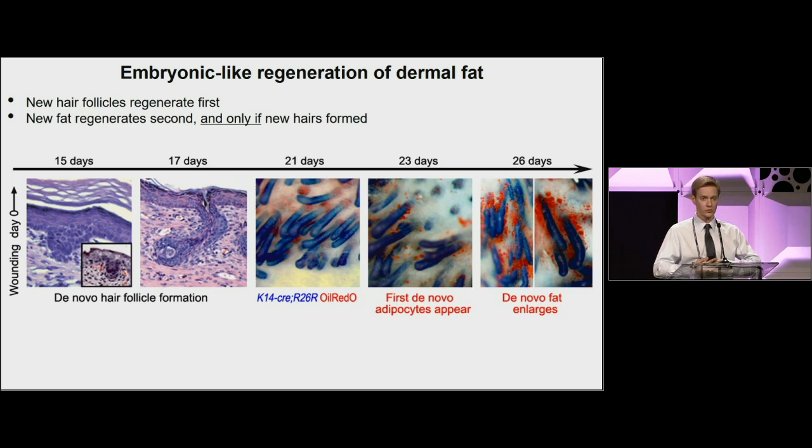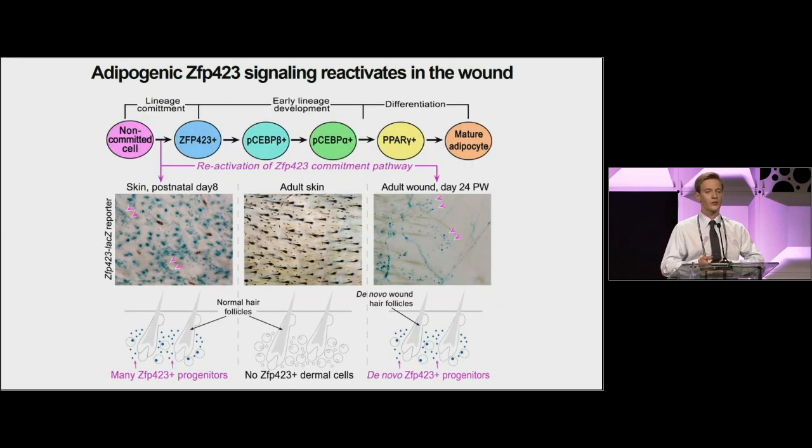Hairless wounds, even large hairless wounds, will not have differentiated adipose tissue within them. At the transcriptional level, what we understand is that wound scar myofibroblasts, primarily non-competent for adipogenic differentiation, acquire competence by reactivating the embryonic transcriptional program for white adipose tissue formation.